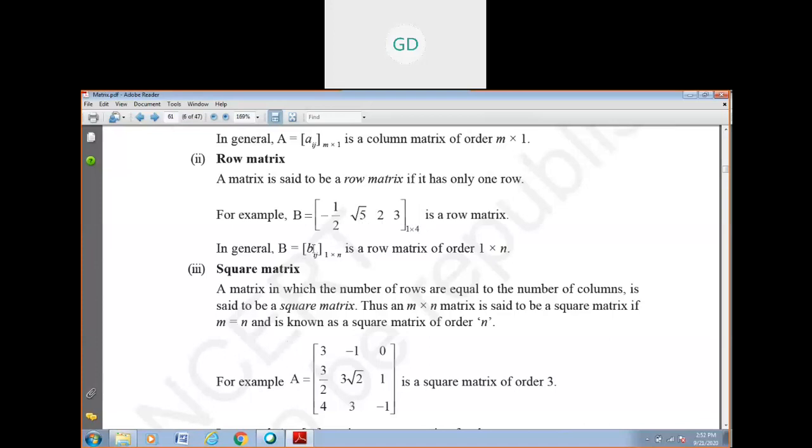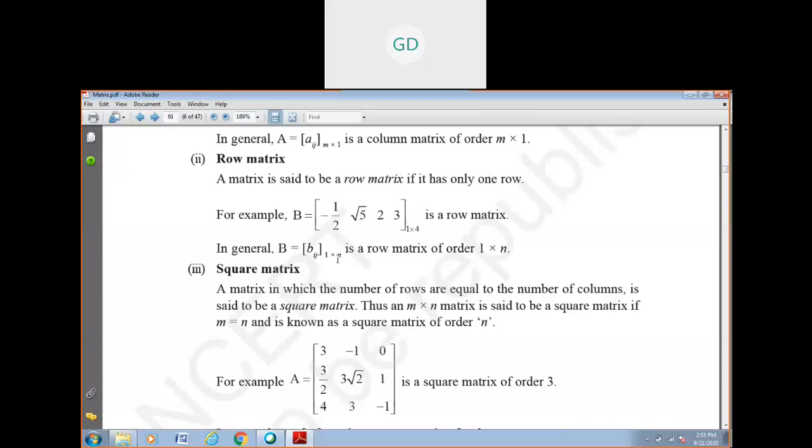Bij represents all the elements of the matrix, and the order is 1 by n. The number of columns is generally n, which may be any number, and the order is 1 by n. So this is just a notation to represent a row matrix. Very simple definition.